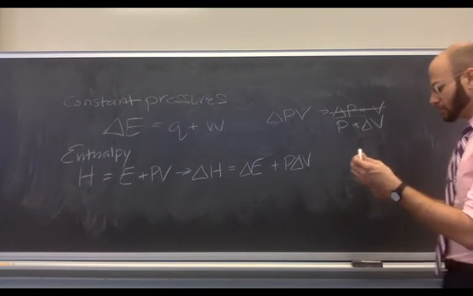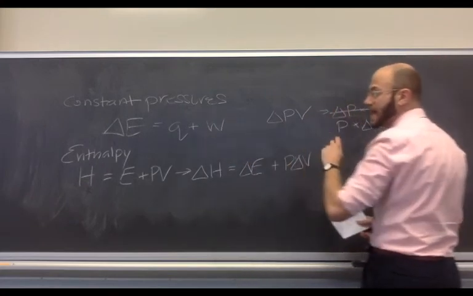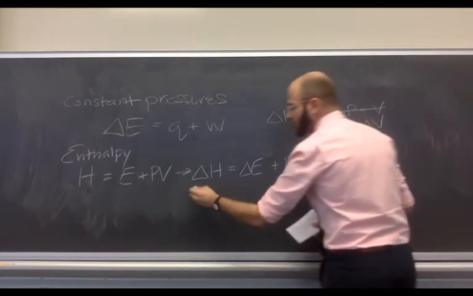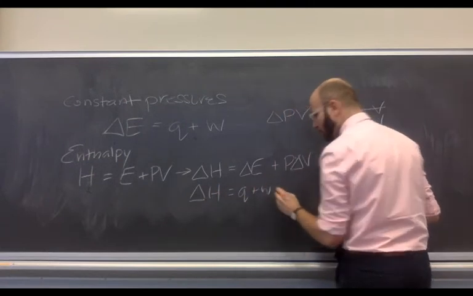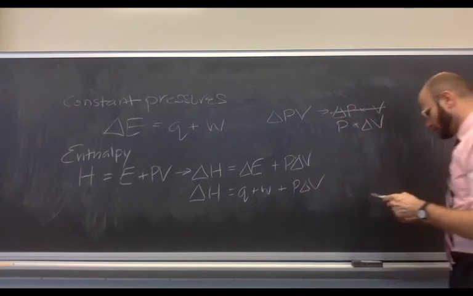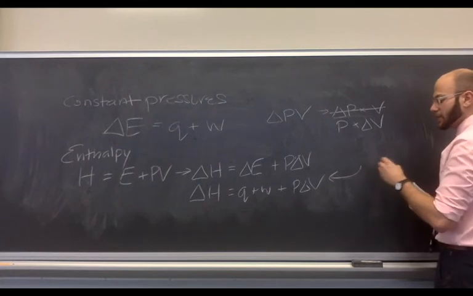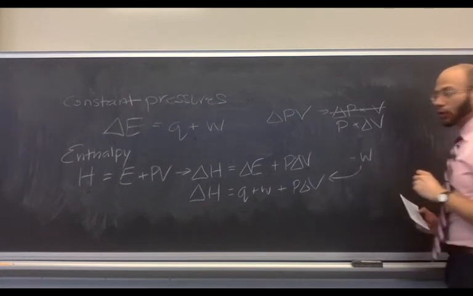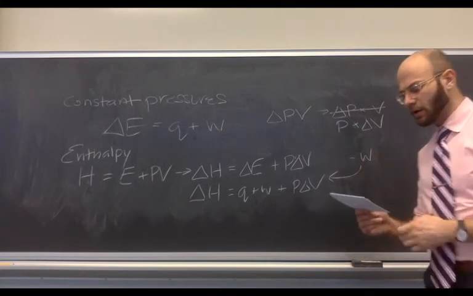So now let's substitute in things that we know, right? We know that delta E is Q plus W, so this can become Q plus W, and then we can also keep this P delta V. The other thing we may remember from before is that P delta V is going to be negative W, or the loss of work, I guess you could consider.